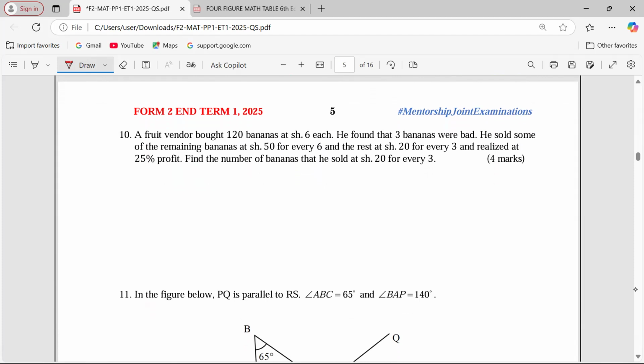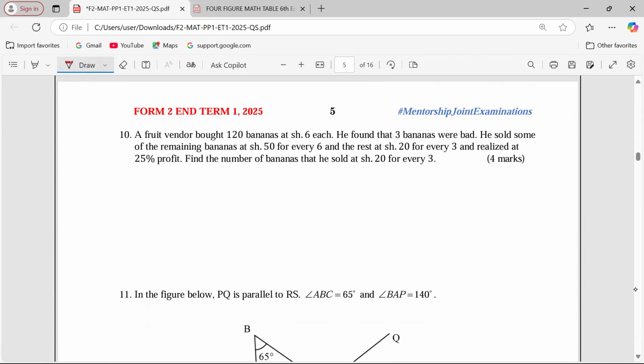He found that 3 bananas were bad. Then he sold some of the remaining bananas at 50 for every 6, and the rest at 20 for every 3, and realized a 25% profit. Find the number of bananas that he sold at 20 for every 3.